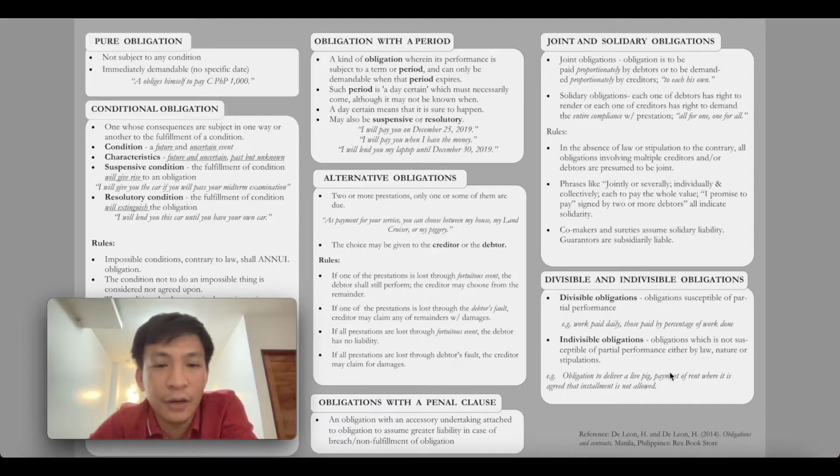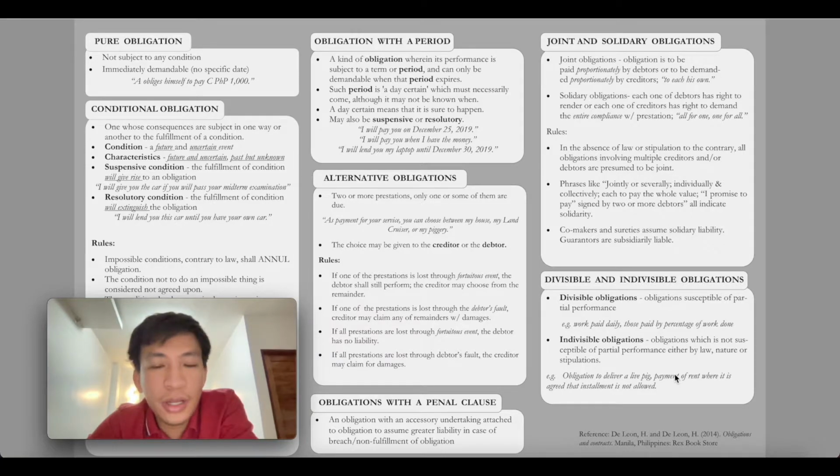Okay. Now, if one of the prestations is lost through fortuitous event, the debtor shall still perform. The creditor may choose from the remainder. Okay. Kung paano daw kung nawala yung isa dyan. For example, nagkaroon ng ASF, so nawala yung babuyan.